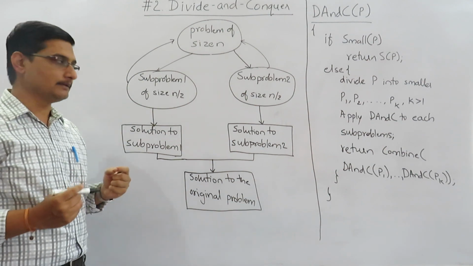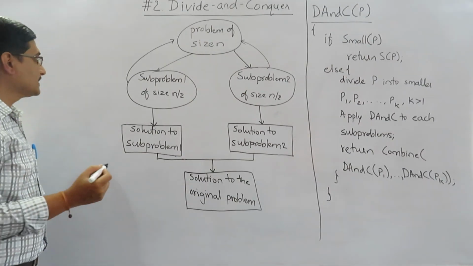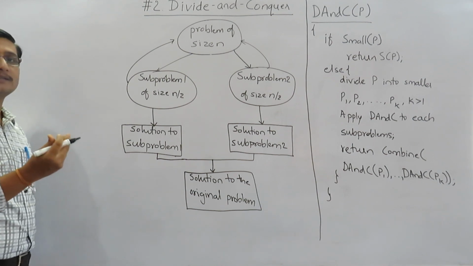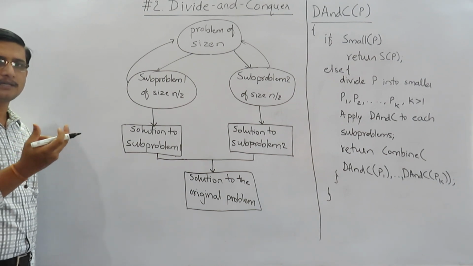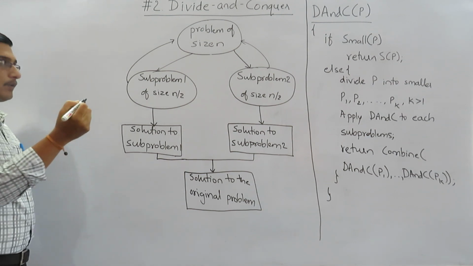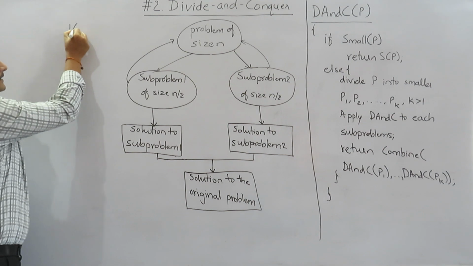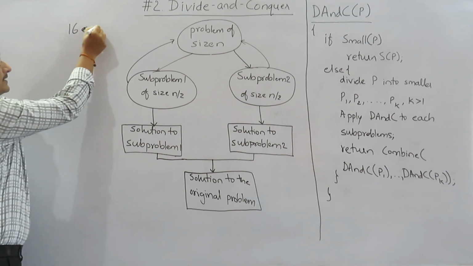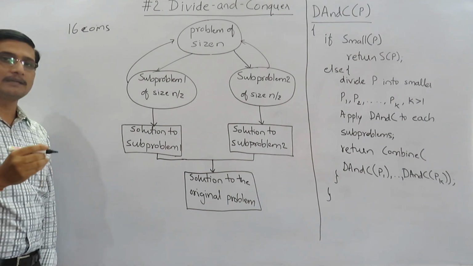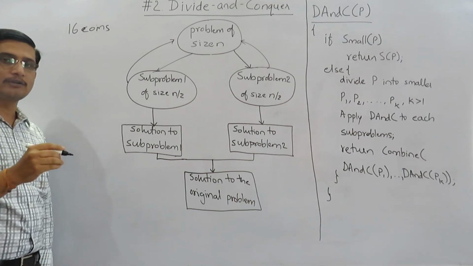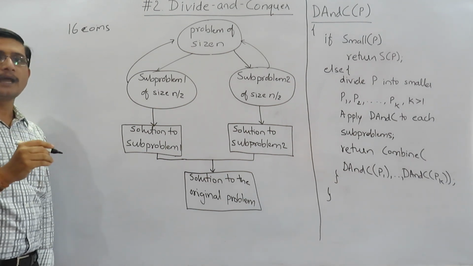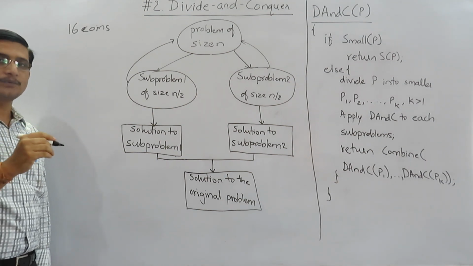We'll take an example. Say for example, you are asked to find a counterfeit coin in a set of coins. Counterfeit coin means false coin. Out of all the genuine coins, assume you are given 16 coins, and it is told that there is one counterfeit coin. The problem is, if there are counterfeit coins, find whether a counterfeit coin exists, and if it exists, find the coin.